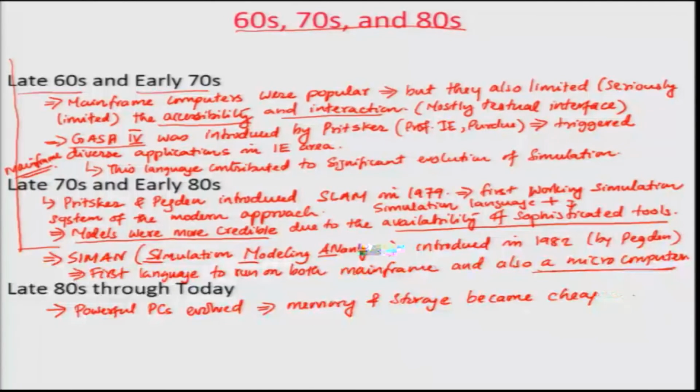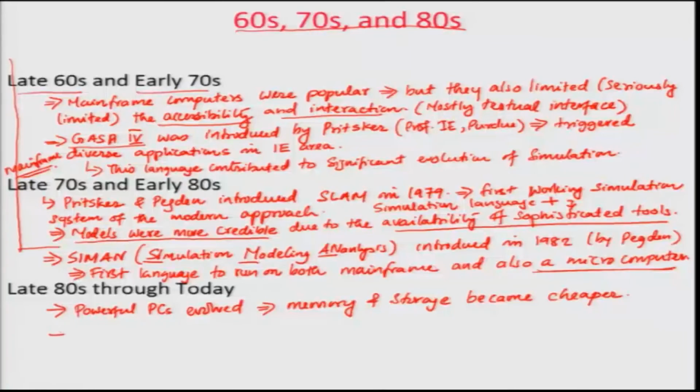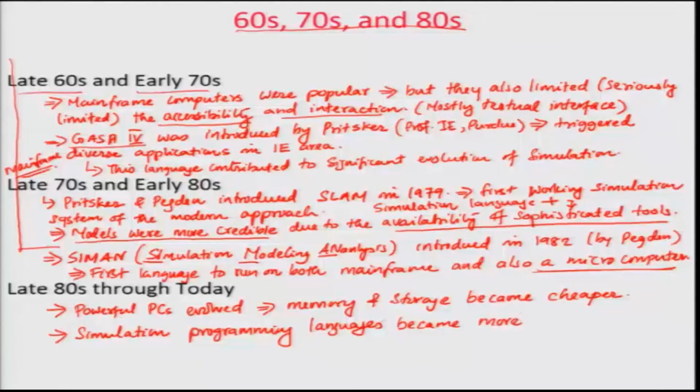So, things that were running on 512 KB or 1 megabyte of RAM, now you have gigabytes of RAM available at the same price. Okay. So, simulation programming languages became more sophisticated.